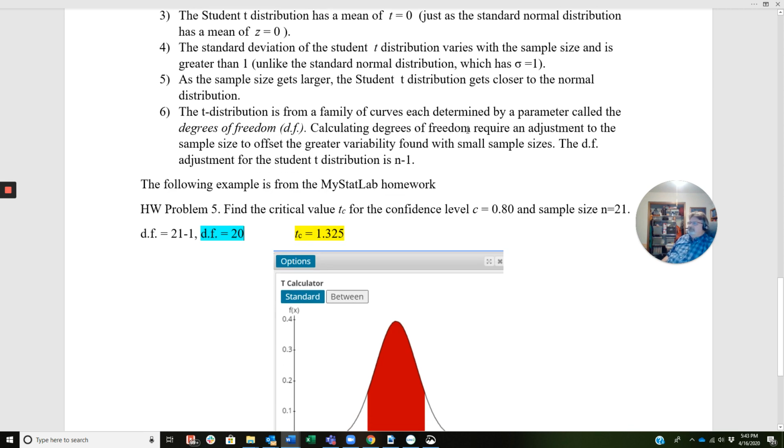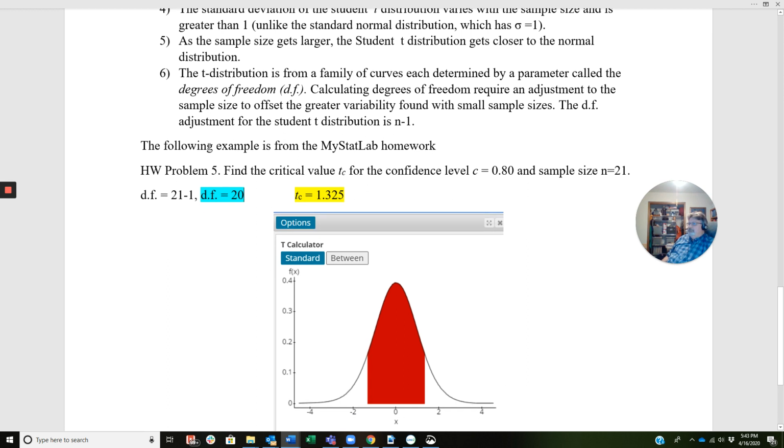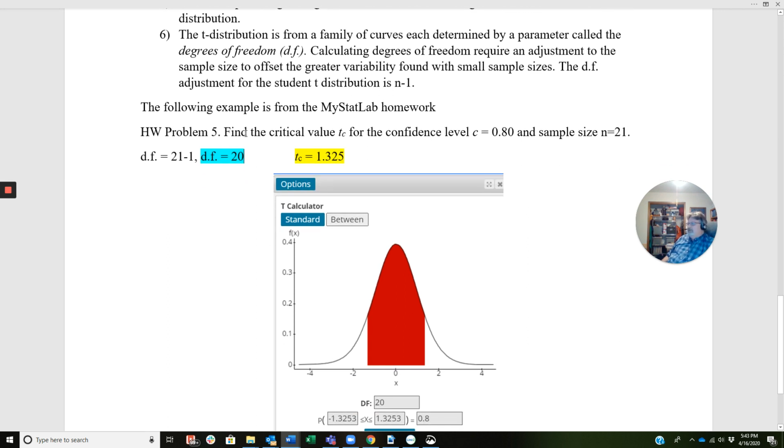The T distribution is from a family of curves, each determined by a parameter called the degrees of freedom. We're just going to abbreviate it df. Calculating degrees of freedom requires an adjustment to the sample size to offset the greater variability found with small sample sizes. The df adjustment for the student T distribution is n minus 1. So what does this look like? We're going to go into the homework.